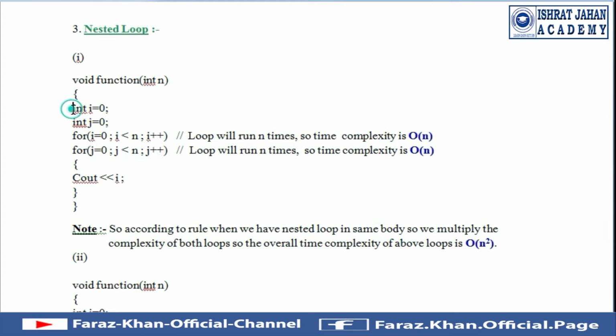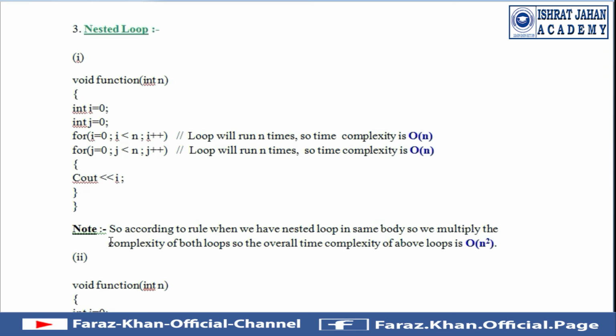I've initialized i equal to 0 and j equal to 0. The first loop will run n times and the second loop will also run n times. The time complexity of the first loop would be O(n) and the time complexity of the second loop would also be O(n). Now the rule is whenever we have two loops in the same body, we just multiply the complexity of both loops.